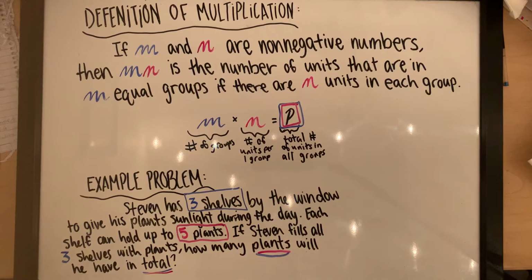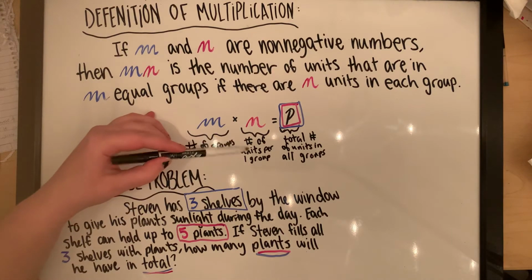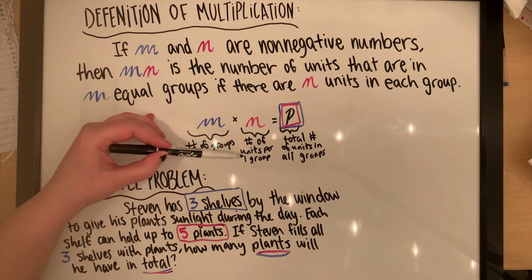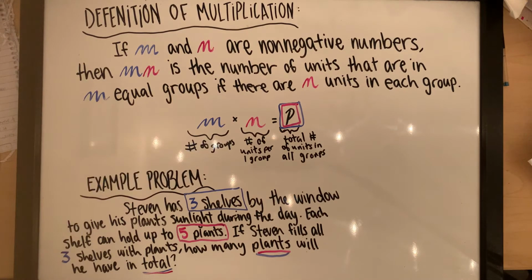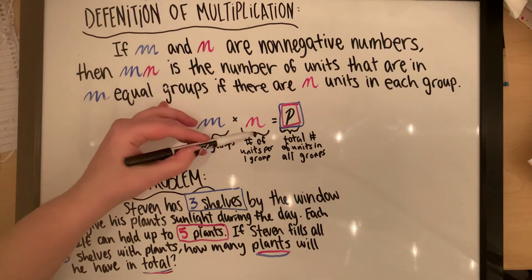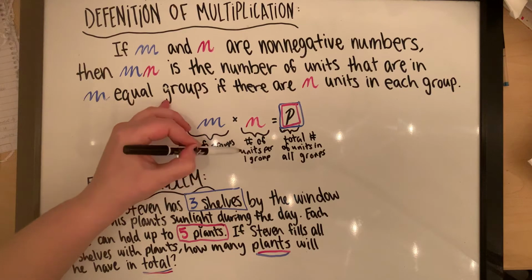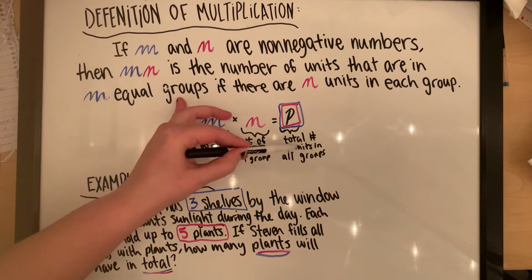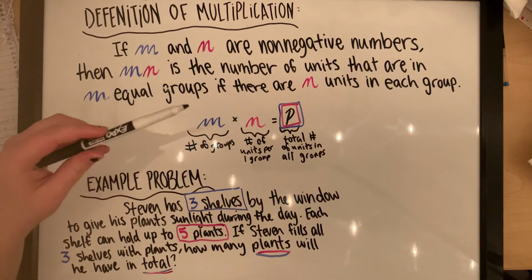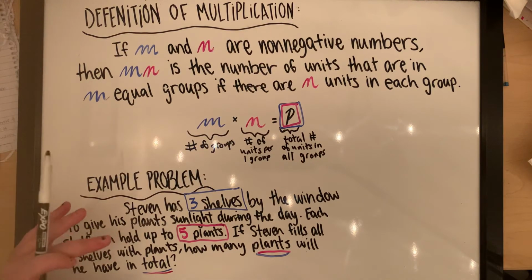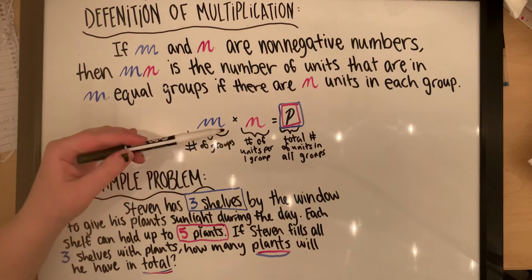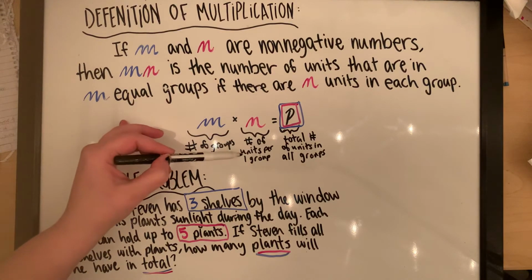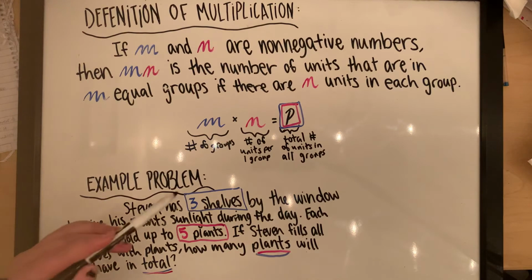And I mentioned this in a previous video, but another thing that I like to think of is that in our definition, we have 2 common terms: our n value is going to be units, and our p value is also going to be units. So more often than not, in problems, they are going to have the same describing word.